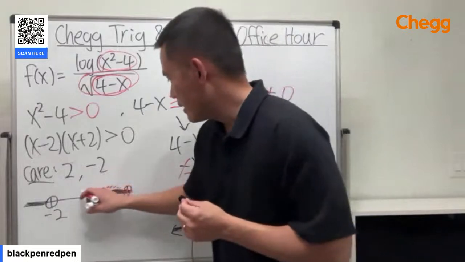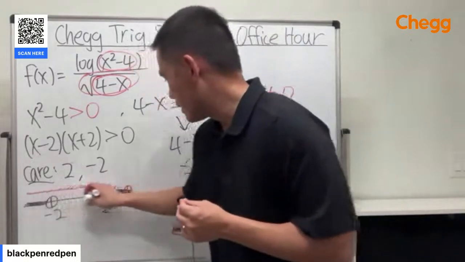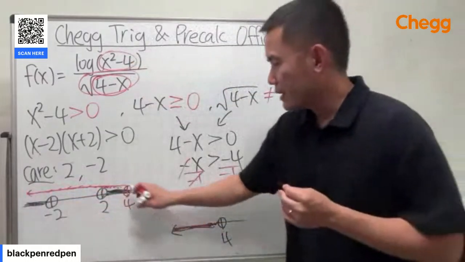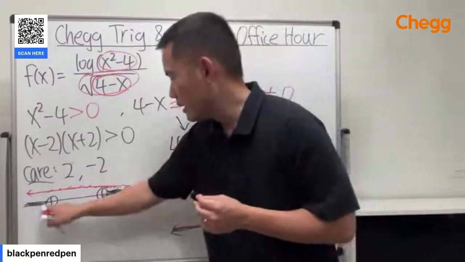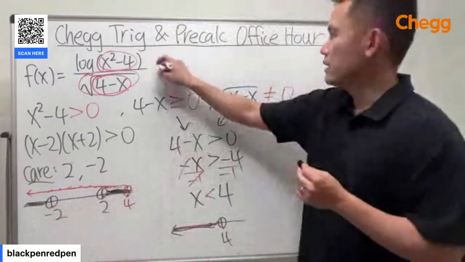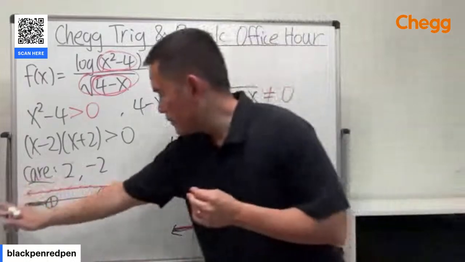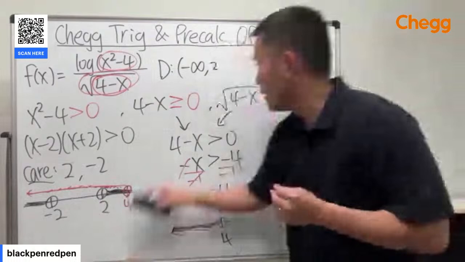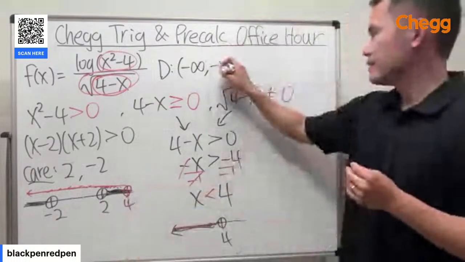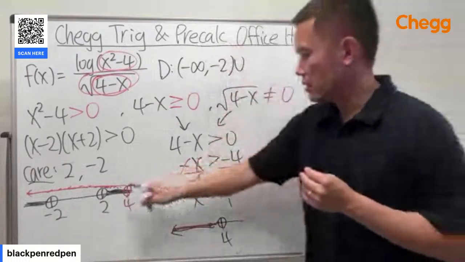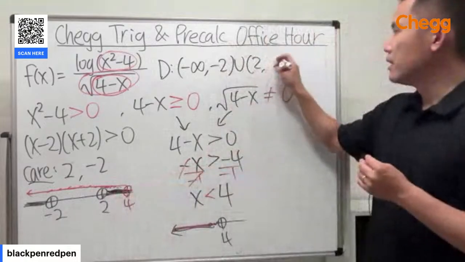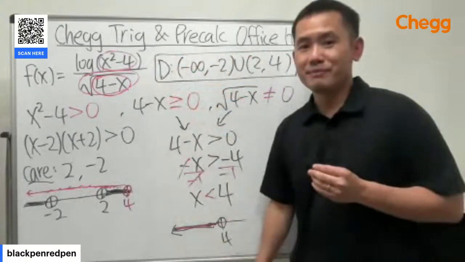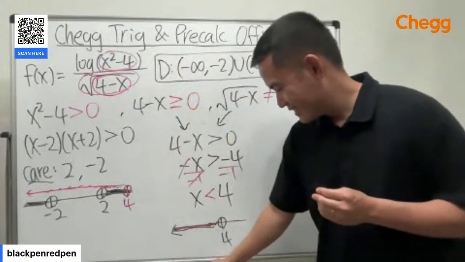So you cover this part and then just cover this part. Right? So it's this portion here. So this is overlapping and so is that. So the domain for this, we go from negative infinity to negative 2, union 2 to 4. Done. This right here is the domain. Just like that.